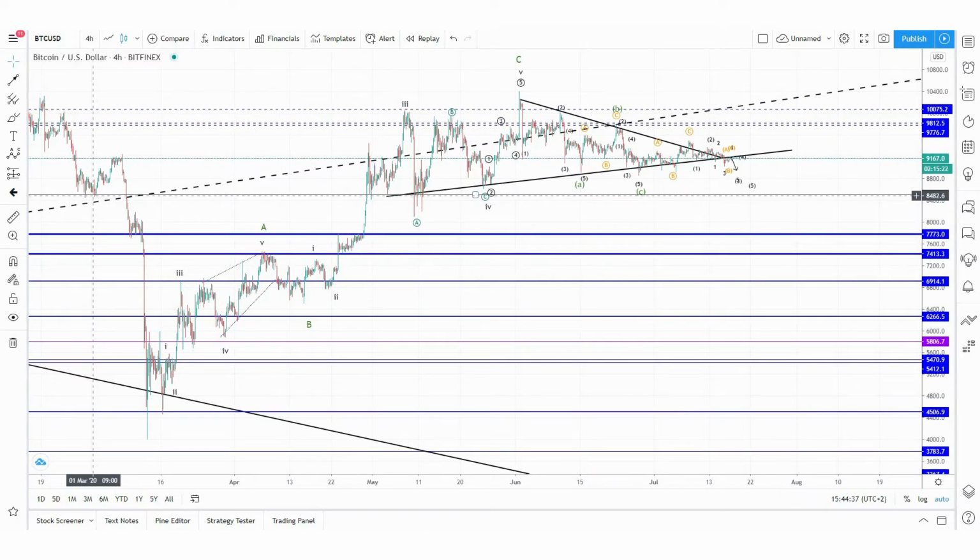As you can see, it was serving as a significant horizontal support in March and late February, and also on the first significant pullback after this impulsive move ended.